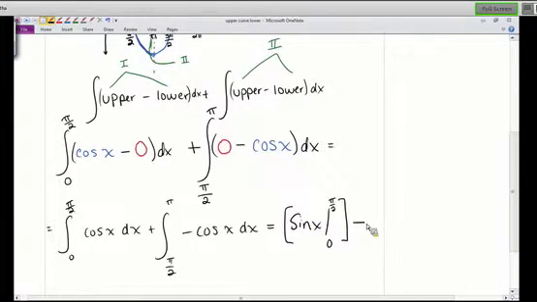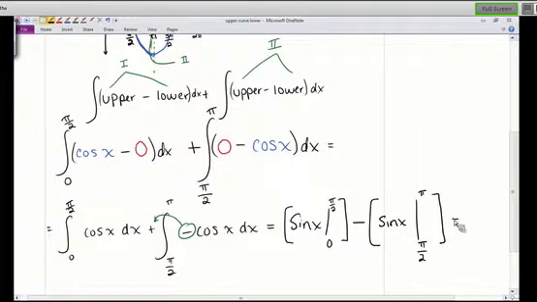Now, how are we changing this to a subtraction sign? You're taking the integral of negative cosine x dx, so this negative sign is going to come outside of our integral. Therefore, it's going to be minus. The antiderivative of cosine is going to be sine x, and we're evaluating this from pi over 2 to pi. Just going to scroll down a bit.